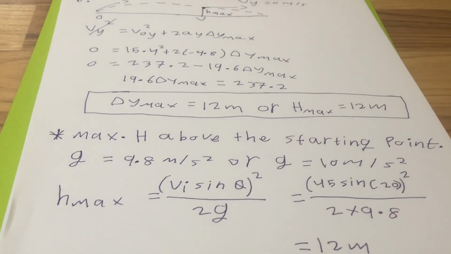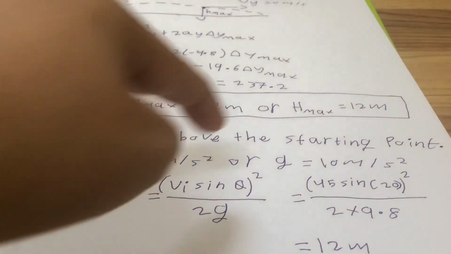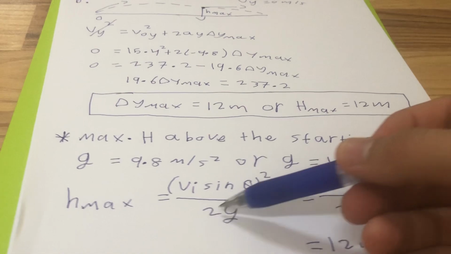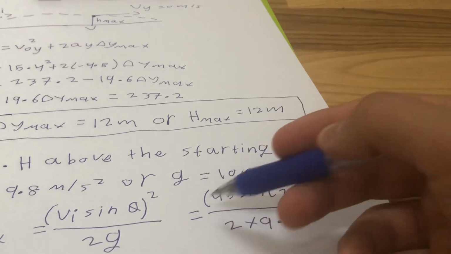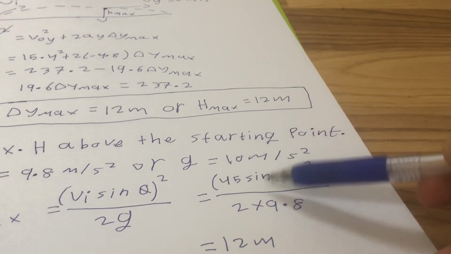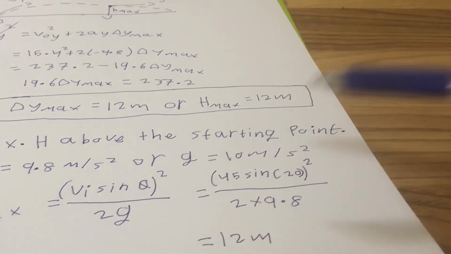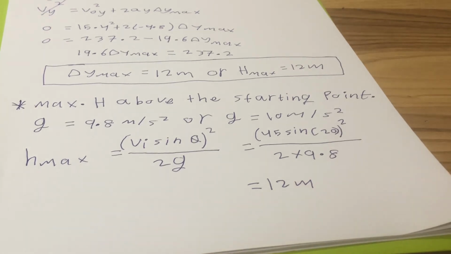Note that the power 2 is not for 2g, it is just for Vi sine alpha. Now replace: Vi is 45, so 45 sine 20, all of it squared, over 2 times 9.8. The answer is 12 meters.